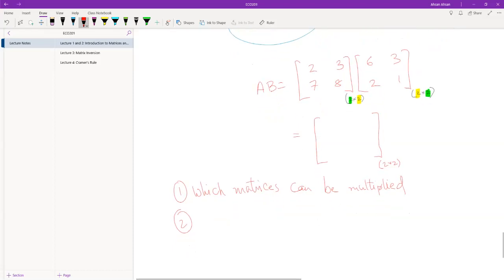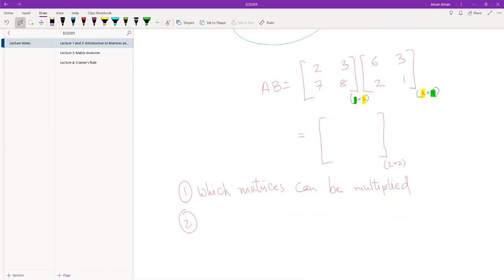And the second thing we've learned is to find the dimension of the resulting matrix. When we multiply two matrices that conform, what will be the dimension of the resulting matrix? We have also learned that. Basically it is the rows of the pre-multiplying matrix and the columns of the post-multiplying matrix. Okay.